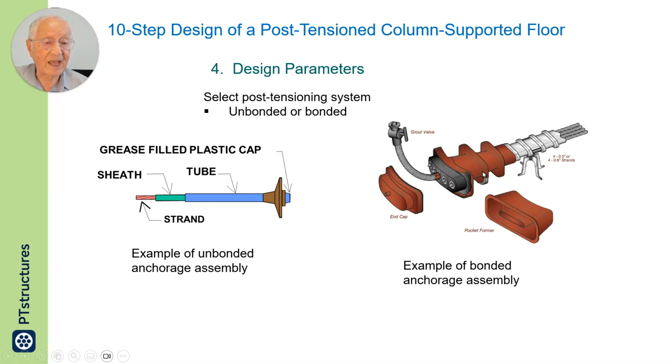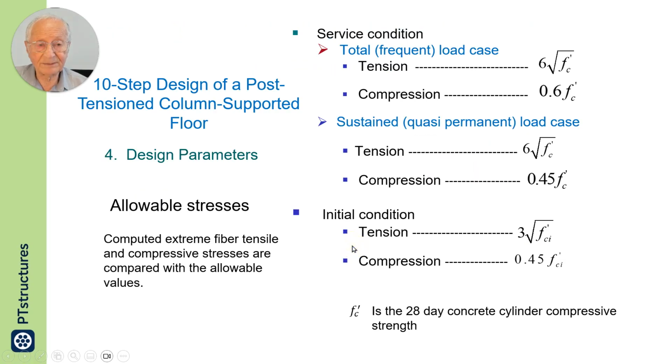An example of the anchorage and or stressing end, in this case a stressing end of a bonded system, is shown here on the right, where you will use the tube to inject grout in the void of this duct after the strands are stressed.